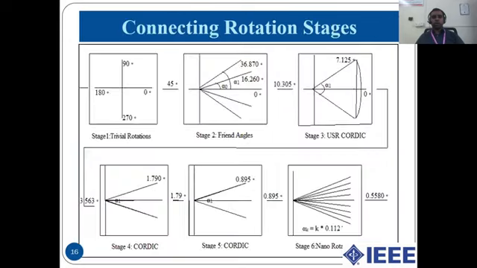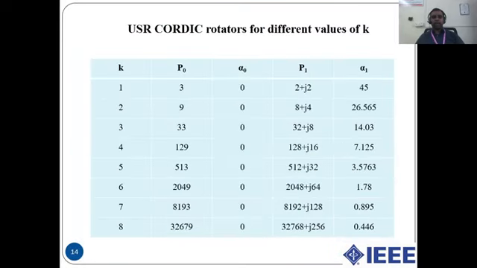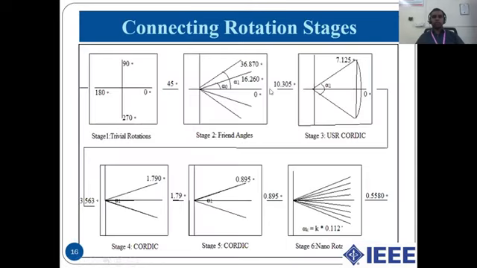These are the three angle sets that are defined in CORDIC 2 rotations, and based upon this, they have connected those rotation stages in 6 stages. First of all, it started with trivial rotations and then basic rotations, that is from 0 to 90 degrees, 90 to 180, 180 to 270.